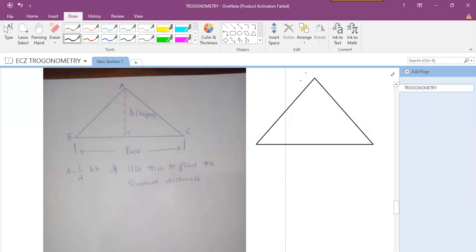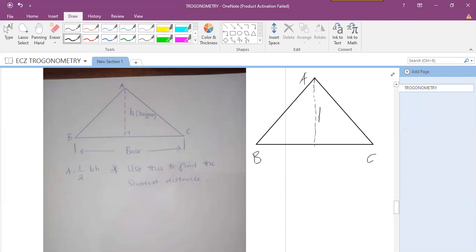You have to use this formula for shortest distance. So step one, you use the first formula to find the area. And then after you find the area, you use this formula, half base times height. So the shortest distance will always be the height, which is from the apex of this triangle, the tip, going downwards to the base.